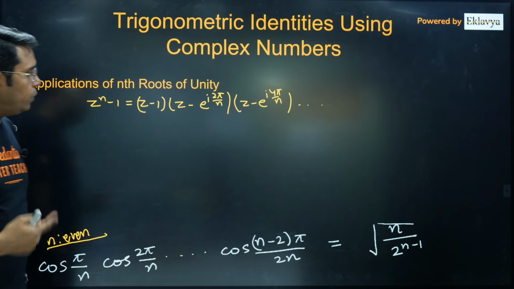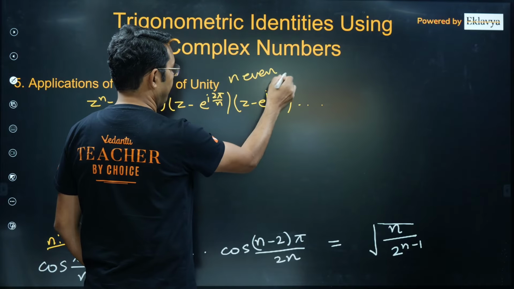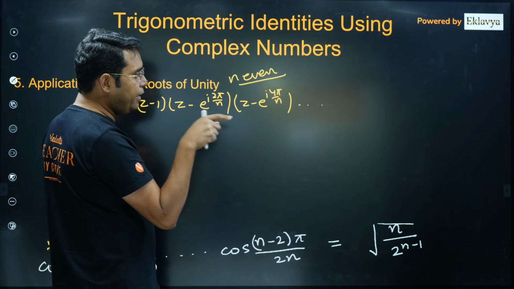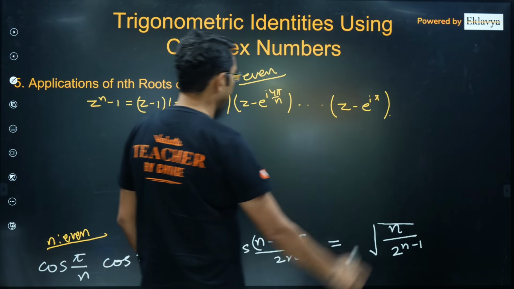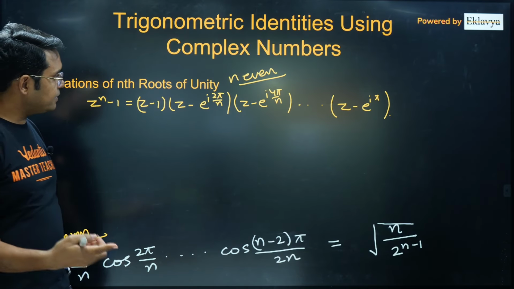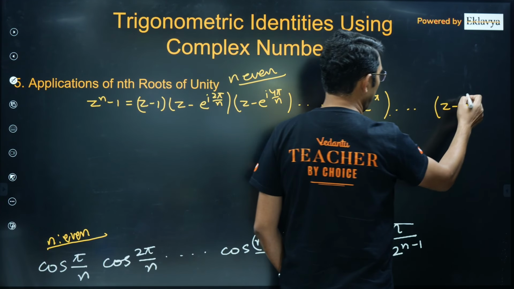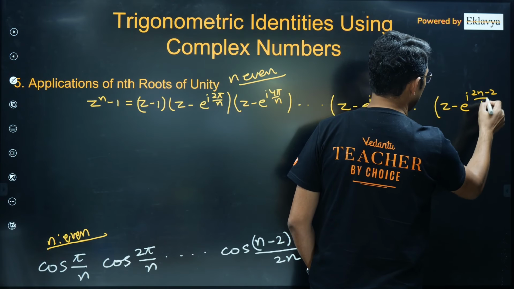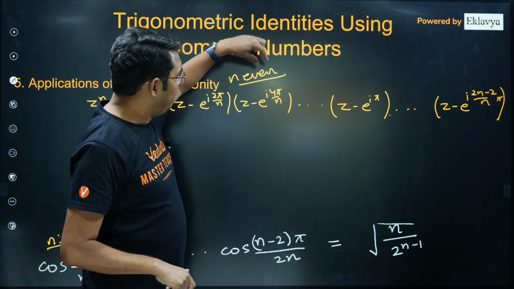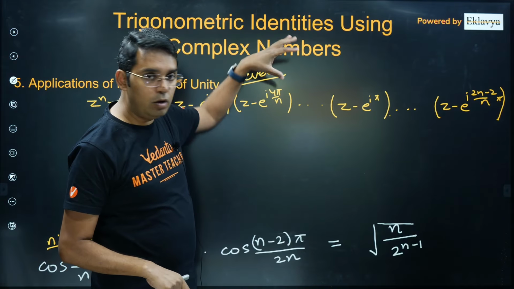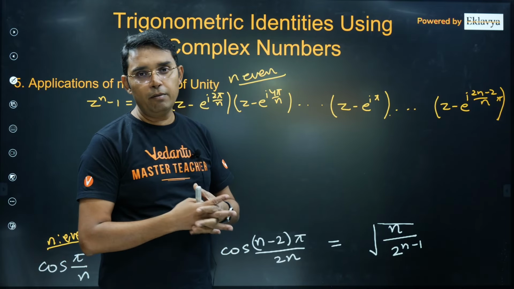Now, if we keep on doing like this, and because n is even, there will be a point in between where you will be getting z minus e power iota pi. Because my last term, if you remember, was z minus e power iota (2n minus 2) upon n into pi. So there will be a value in between where this 4, 6 and so on will become n, and that n upon n will become 1, and you will be getting z minus e power iota pi.